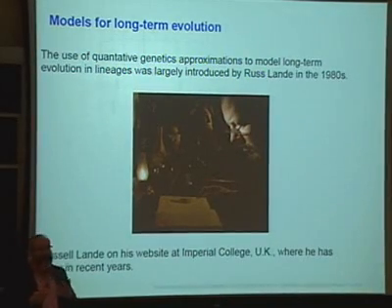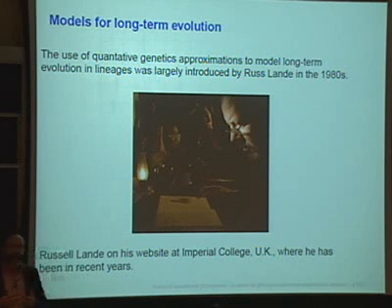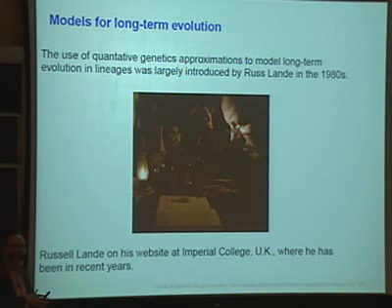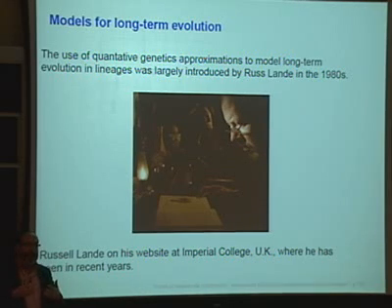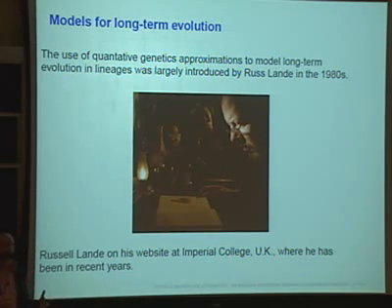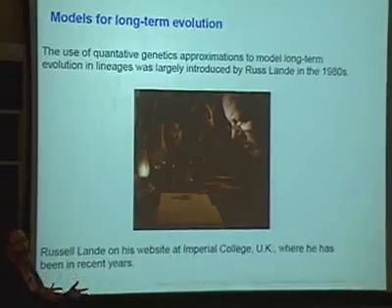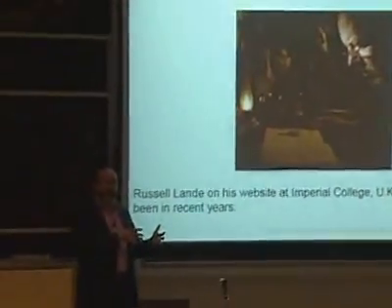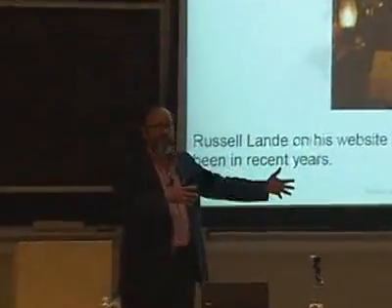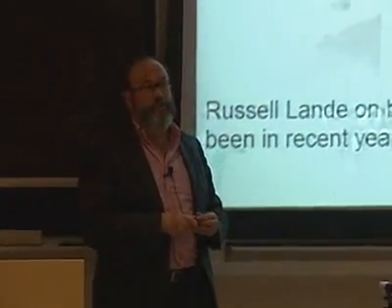And Russ, in the late 70s on into the early 80s, wrote a series of very pioneering papers in which he took quantitative genetics, the field of the genetics of quantitatively measurable characters important in animal and plant breeding. And he said, let's apply it to natural populations. And let's make some methods that will be usable for analyzing natural population quantitative characters.